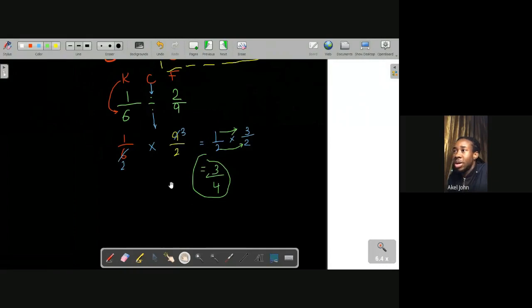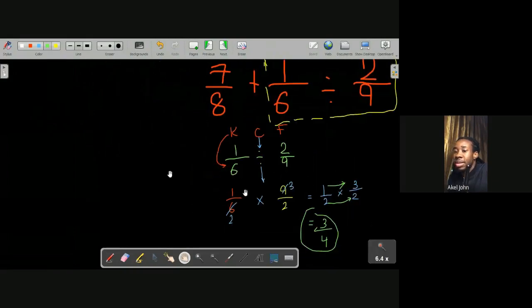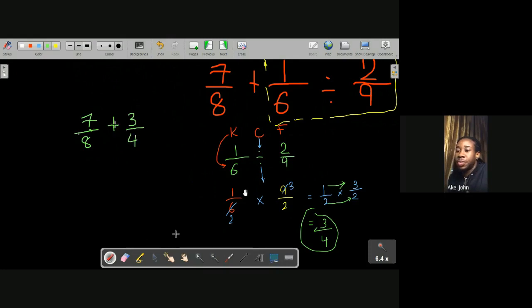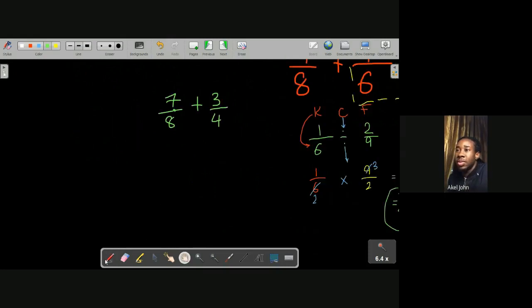We're not done yet. We now have to take the 3/4 and bring it with the 7/8. So we have 7/8 plus 3/4. Let's see what this boils down to. When we're adding or subtracting fractions, we need to find something called the LCM, which is the lowest common multiple.